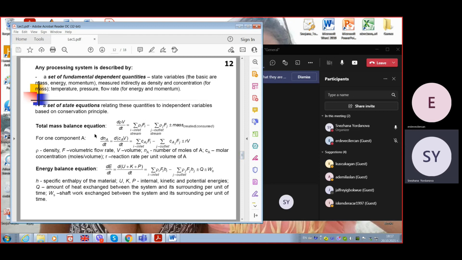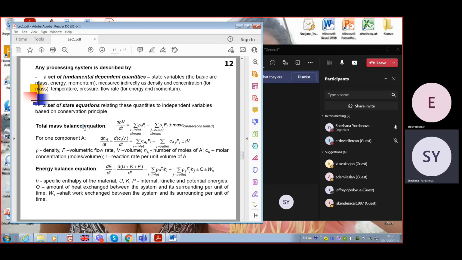Here, we use two types of balance equations because they are related with our example of the constantly stirred tank heater. In the heating of a liquid, the important thing was to maintain the desired temperature inside and the desired level.